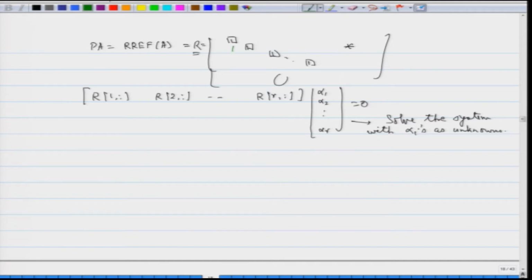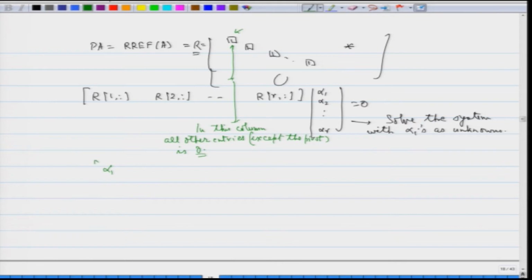Fine. So, if I look at this column, I know that in this column all other entries except the pivot are 0, all right. So, if I look at alpha 1 times this, alpha 2 times this, and look at the corresponding entry here, I will get only alpha 1 here.